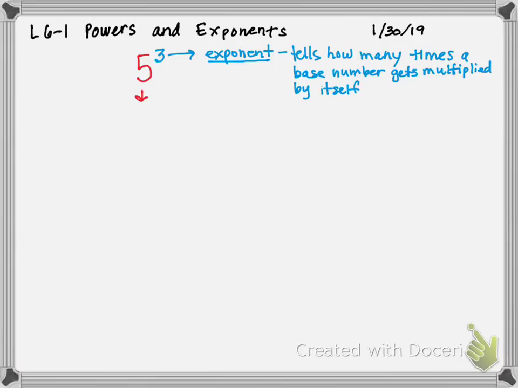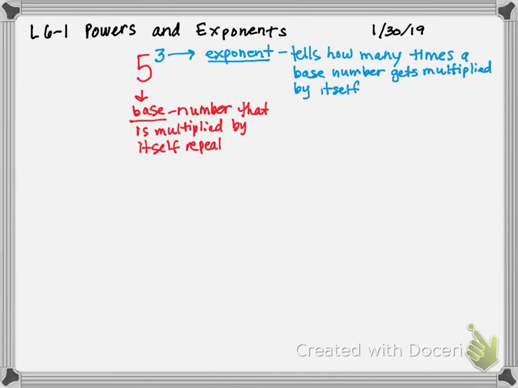The 5 is called the base, and that's the number that is multiplied by itself repeatedly. And that repeating depends upon the exponent.